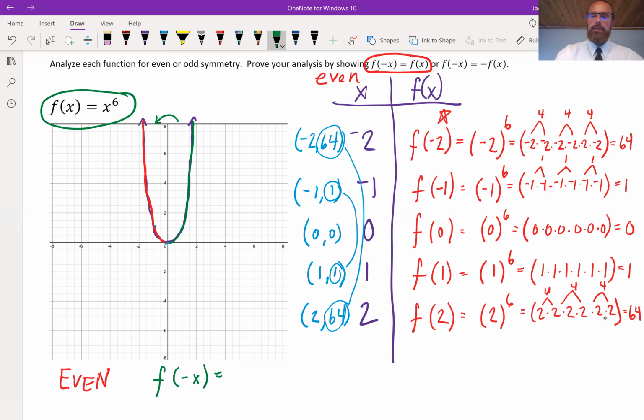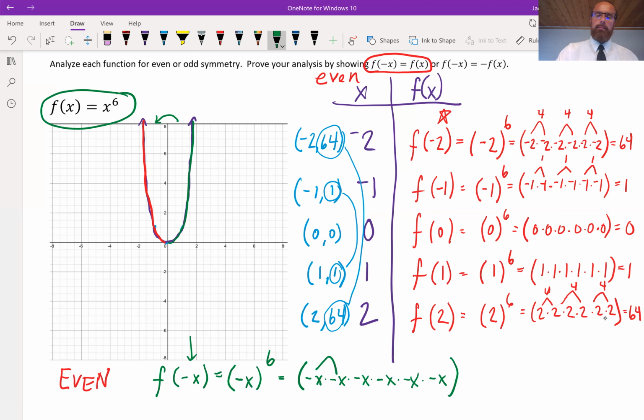So just like we had done with our coordinate points with our x values in the table, I'm going to put parentheses and put negative x, since that's what's here on the inside of the function notation, raise it to the power of 6. Well, let's expand that. So again, negative x to the power of 6 is negative x times negative x times negative x times negative x times negative x times negative x, just like we had done when we were evaluating with -2 and -1 in our table.